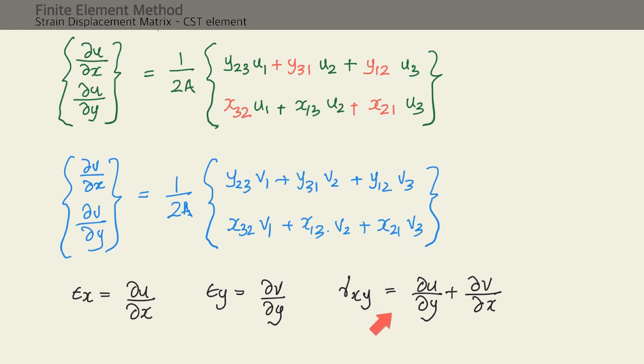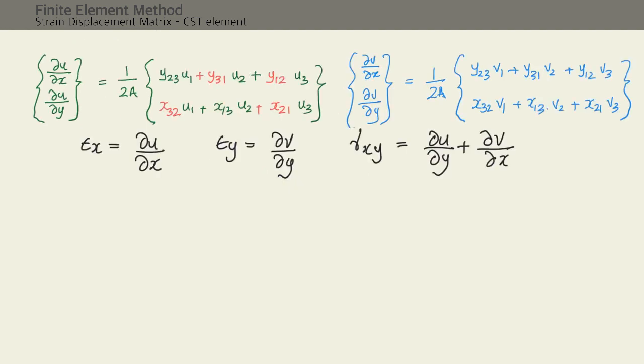Gamma xy is equal to ∂u/∂y plus ∂v/∂x. ∂u/∂y, you will get it from here. ∂u/∂y is equal to 1 by 2a into x32 u1 plus x13 u2 plus x21 u3. And ∂v/∂x is equal to 1 by 2a into y23 v1 plus y31 v2 plus y12 v3.